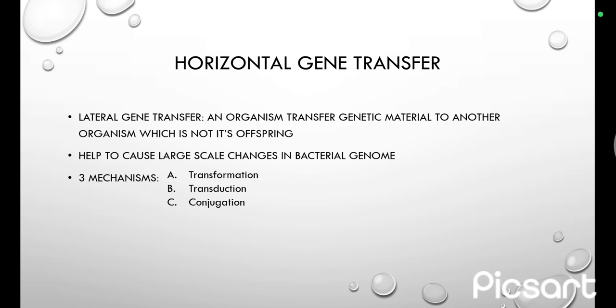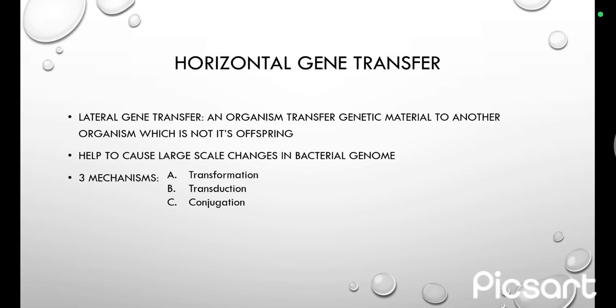Now, horizontal gene transfer. Bacteria have a mechanism of gene transfer in the form of horizontal gene transfer. So what do we mean by horizontal gene transfer? It is nothing but lateral gene transfer, in which an organism transfers genetic material to another organism which is not its offspring. That means the genetic material is transferred laterally between two different organisms.